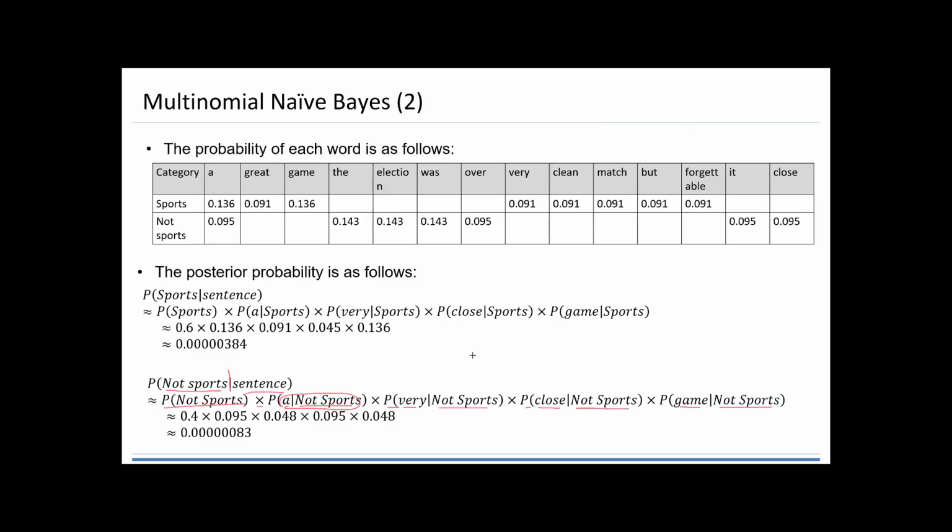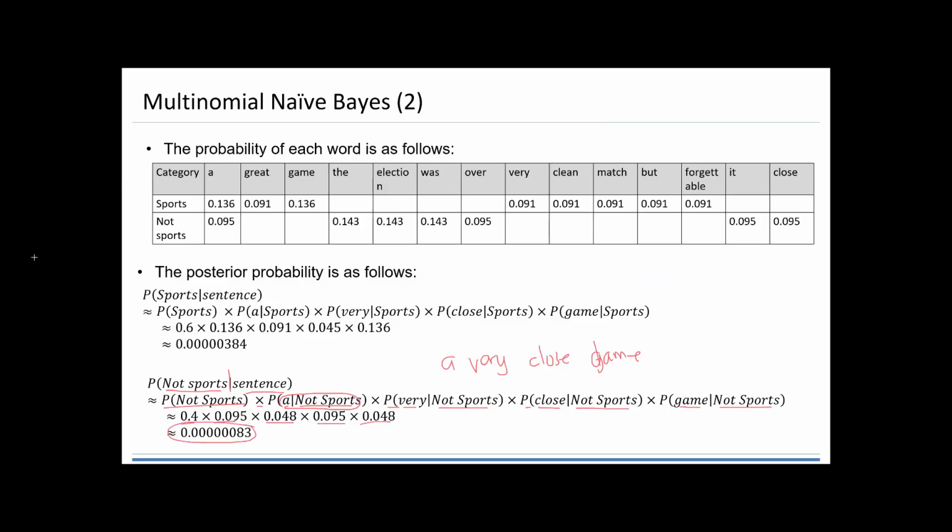So this is from the words a very close game. This is the new text that we want to predict. Based on this, this is the probability, and the result is this probability.